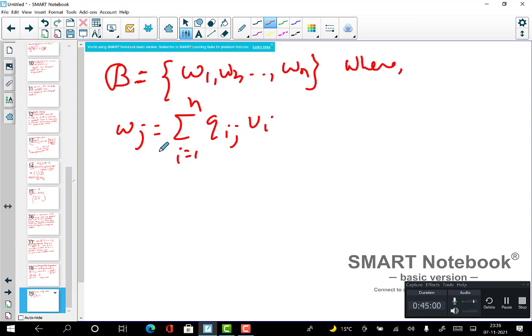So we will prove that the omega j's are actually orthonormal vectors. So the proof is easy because you start with, let's say, omega i. Yeah, so maybe I can write down omega i, omega j, I need to prove.